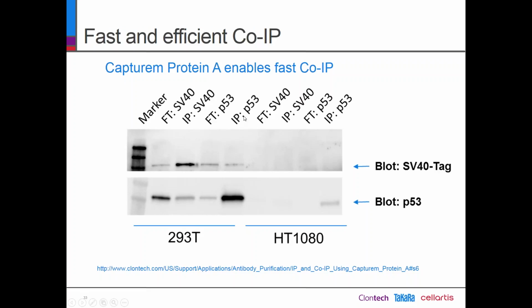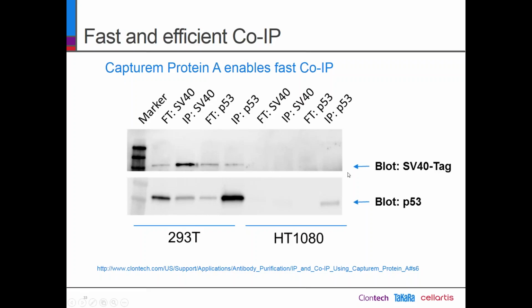In the reverse experiment, we used the P53 antibody to pull down P53. Sorry, that's this one here. Of course, we can detect P53. Again, that's a normal IP, but we can also see SV40 coming down. So this is because SV40 and P53 seem to interact, and we can co-immunoprecipitate one or the other by using the different antibodies. So this is a very important tool for protein-protein interaction studies.